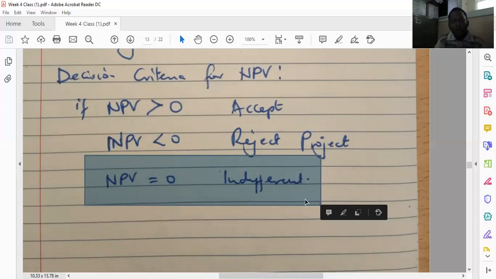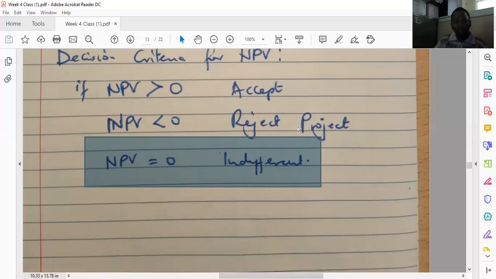When the NPV is equal to 0, it becomes quite difficult to use the NPV as a decision tool to help us in making a decision on whether to invest in the project or not. But when the NPV is greater than 0, accept. When less than 0, reject the project.